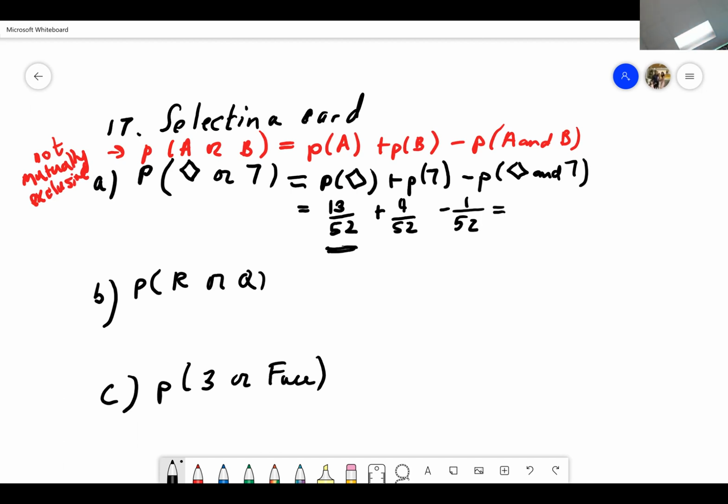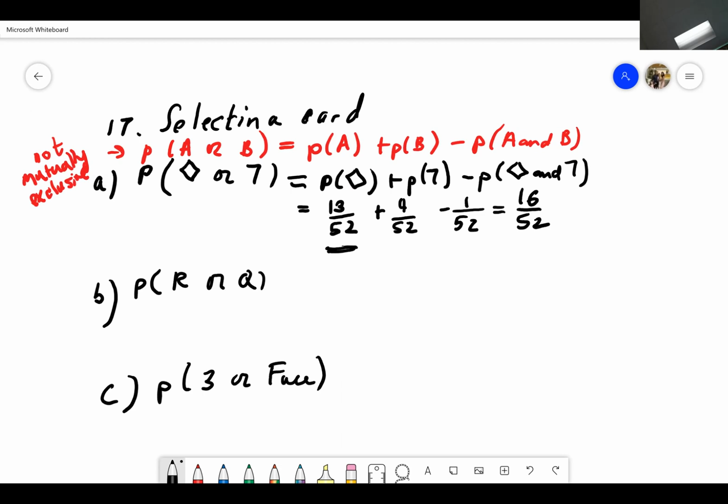So there are 17 minus 1, 16 out of 52. There are 16 cards that meet the criteria of diamond or 7. Make sense? That's why we do that part, because otherwise we end up counting that 7 twice.